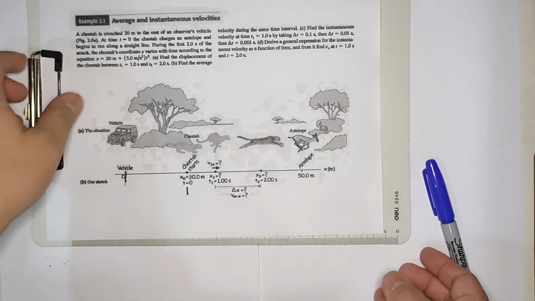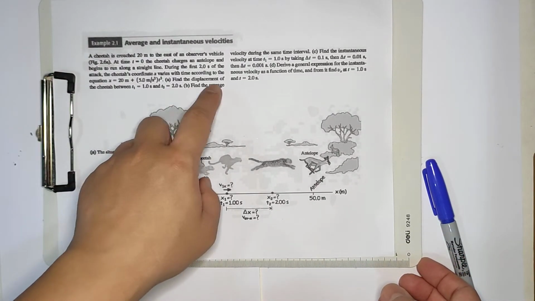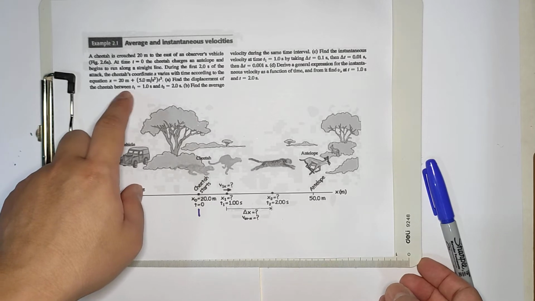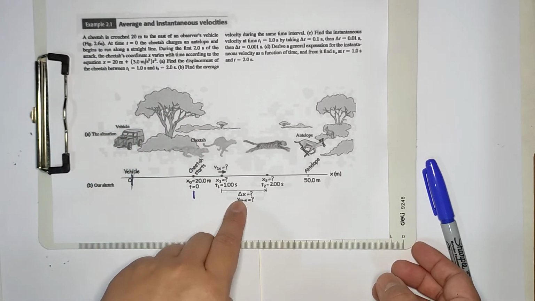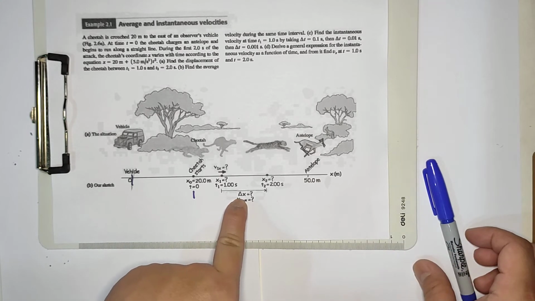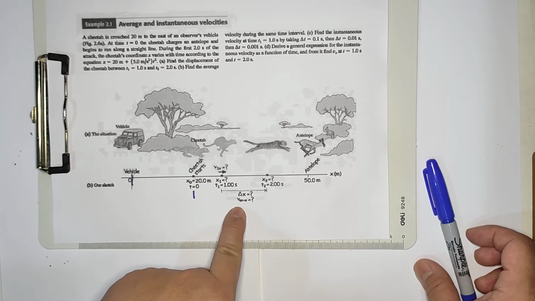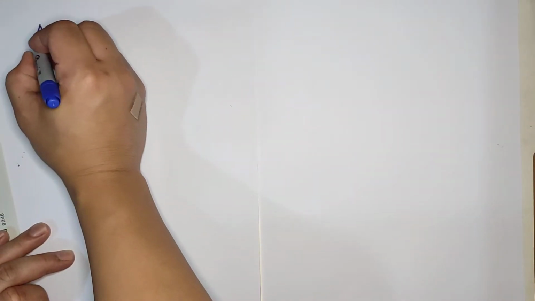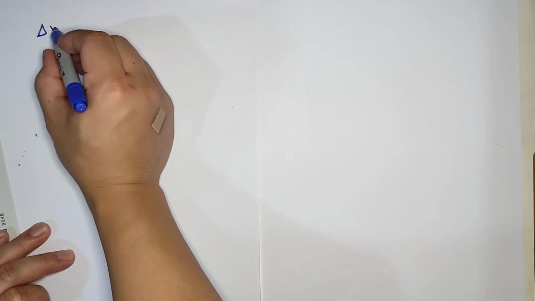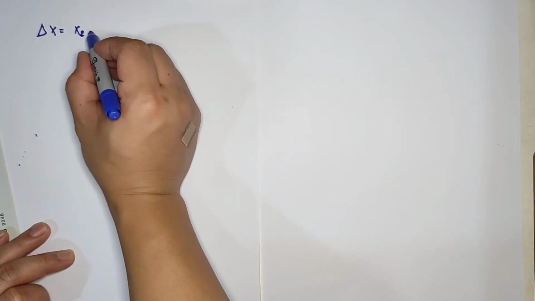Okay, let's solve the first problem. Find the displacement between 1 second to 2. So we're going to find this displacement, delta x. Delta x is x2 minus x1.